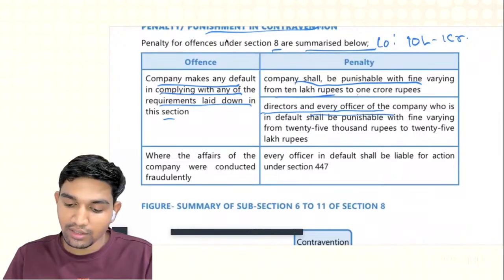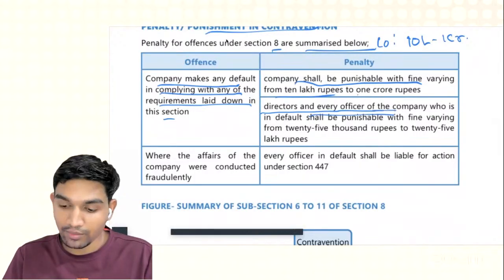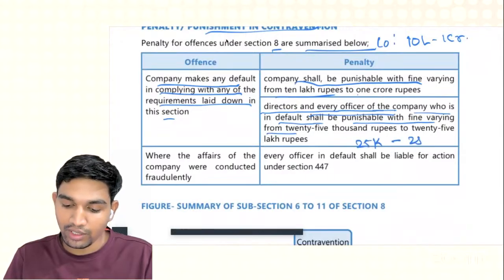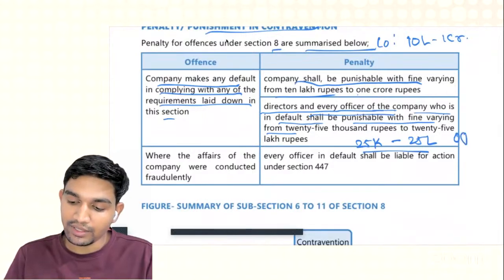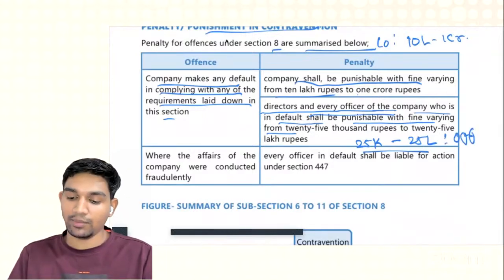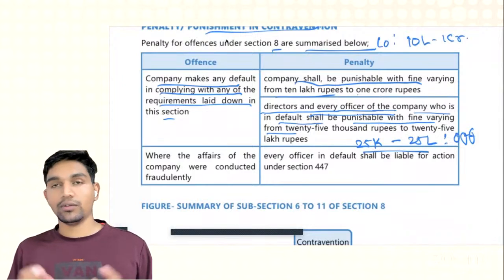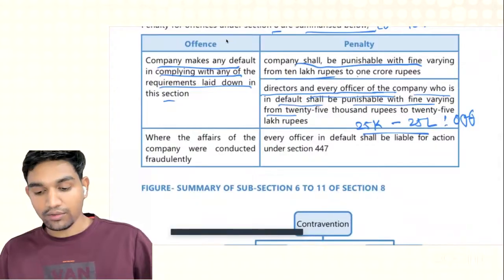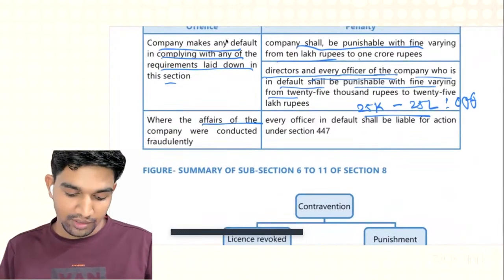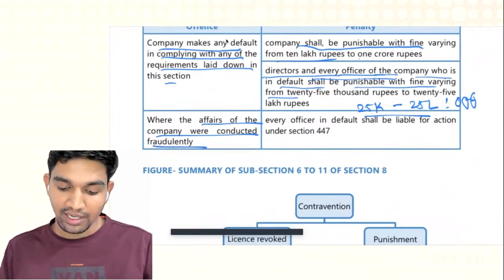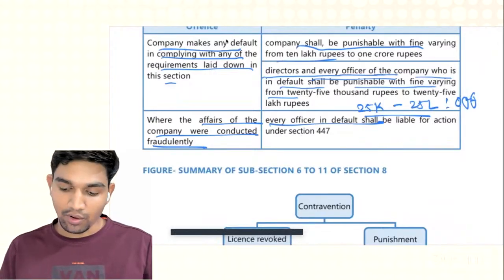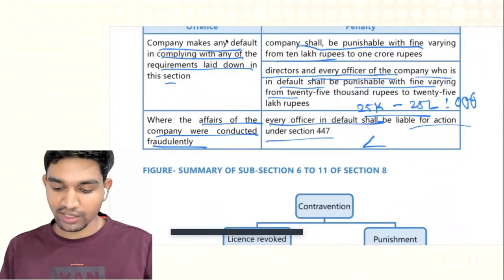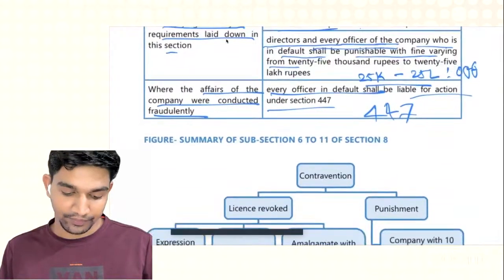And every officer of the company who is in default shall be punishable with a fine varying from 25,000 rupees to 25 lakh rupees. Where the affairs of the company were conducted fraudulently, every officer in default shall be liable for action under Section 447.